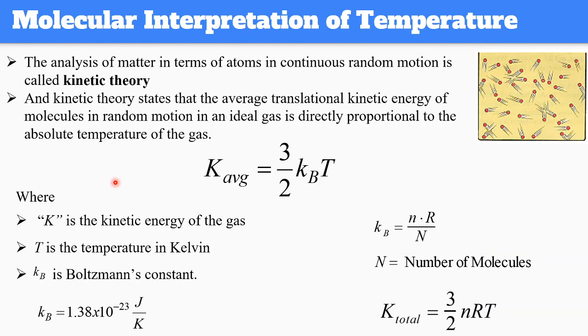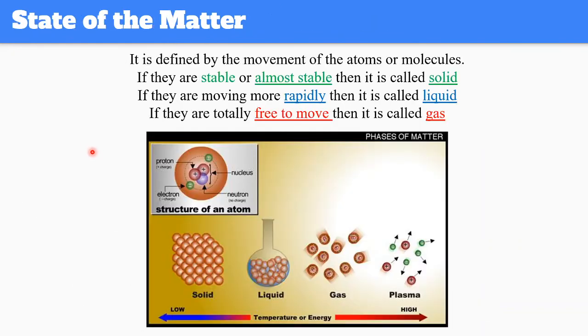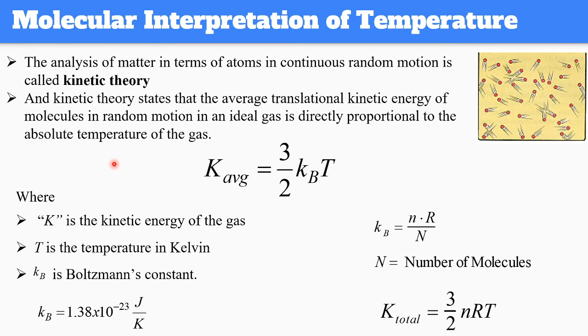All right, so there is actually a relationship between solid, liquid, gas, and temperature. When they analyze the movement of the molecules, they see that the temperature is actually depending on one thing: the kinetic energy of the materials.